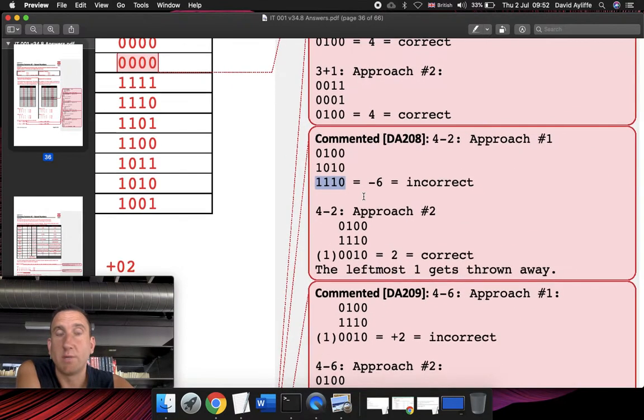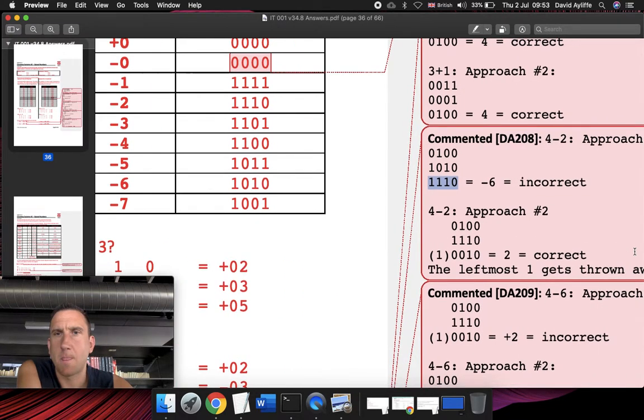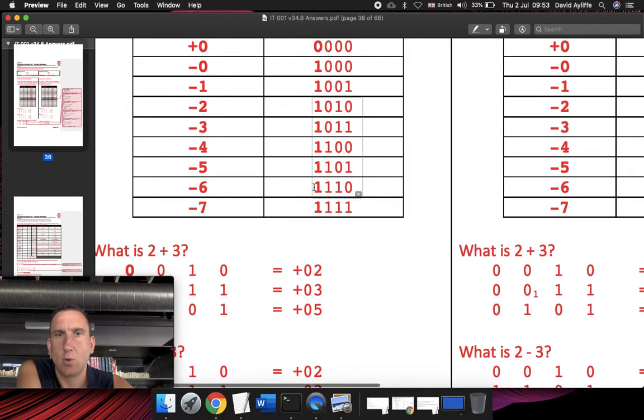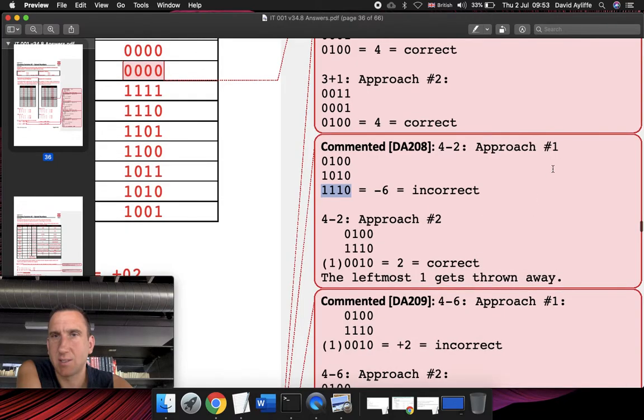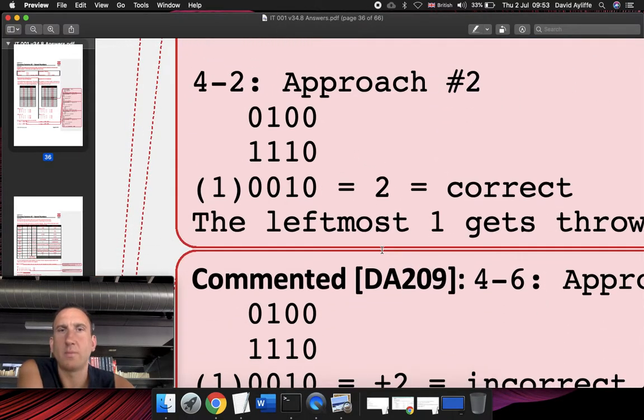So we get 1, 1, 1, 0, which is minus 6. Well, 4 minus 2 is not minus 6. Yes, this does not work. What about approach number 2?